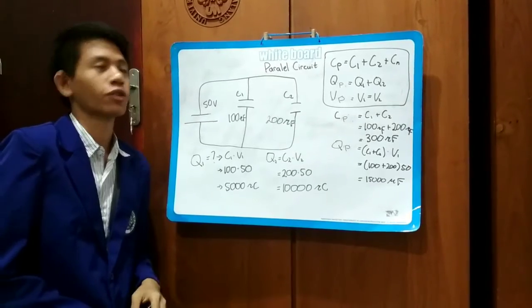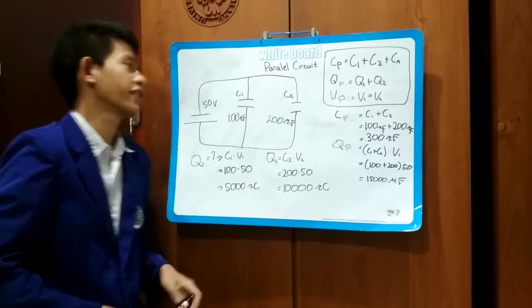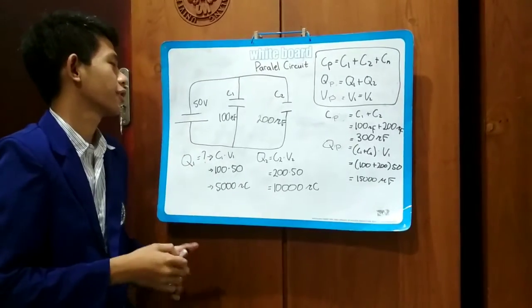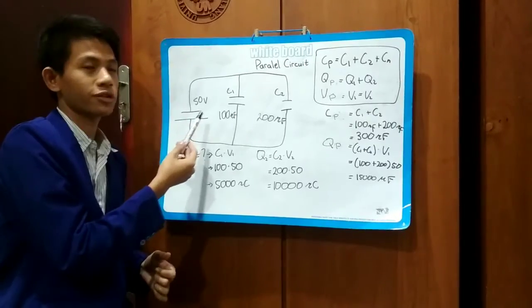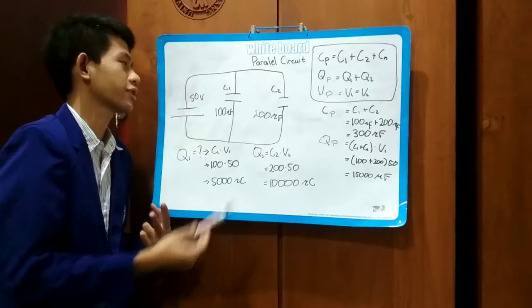Okay, firstly, I'm gonna be explaining about capacitance in parallel. So check this out. Okay, come back with me. So I want to show you about the parallel circuits. This is the battery. Let's give the battery 50 volts and the battery attached to two capacitors.